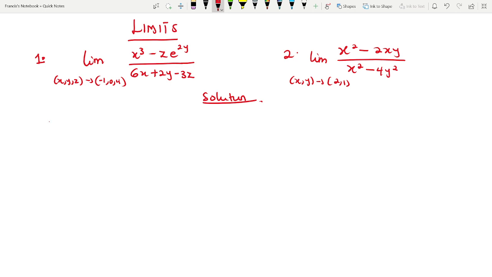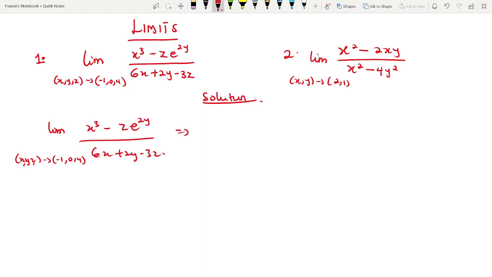When I have the limit of x cubed minus z e to the power 2y over 6x plus 2y minus 3z, as (x, y, z) approaches (-1, 0, 4), what this means is that you will first put your limit values in it. If you realize that there is some kind of discontinuity, the next thing to do is to modify your equation to take out that discontinuity. If not, the limit doesn't exist, right?